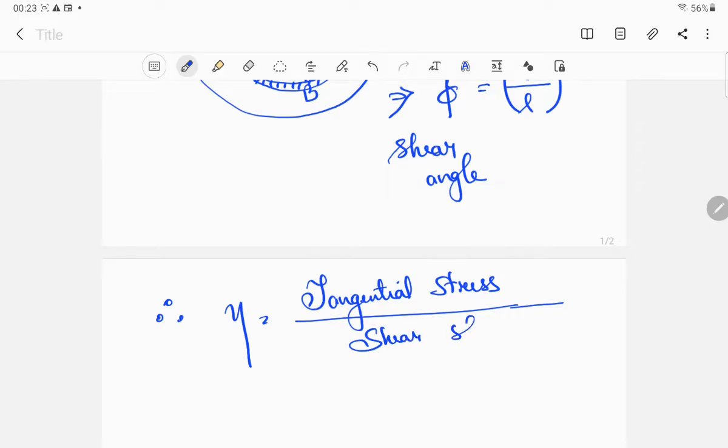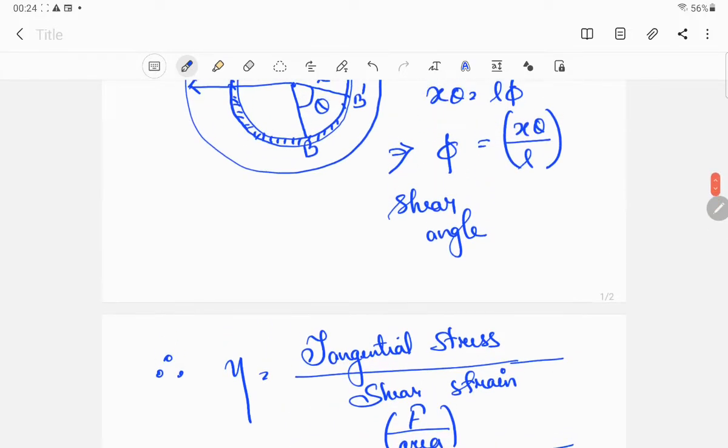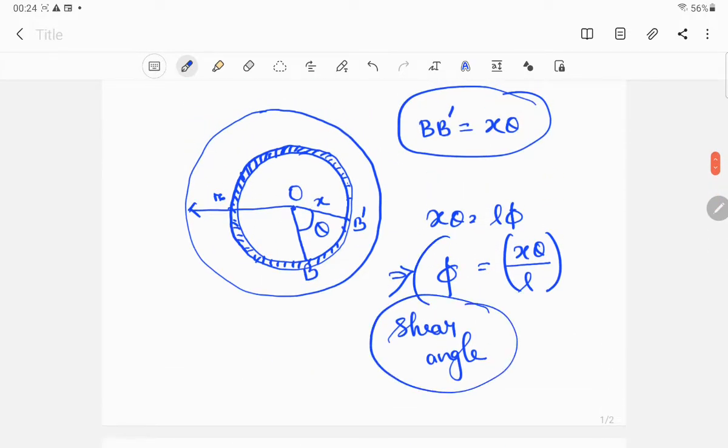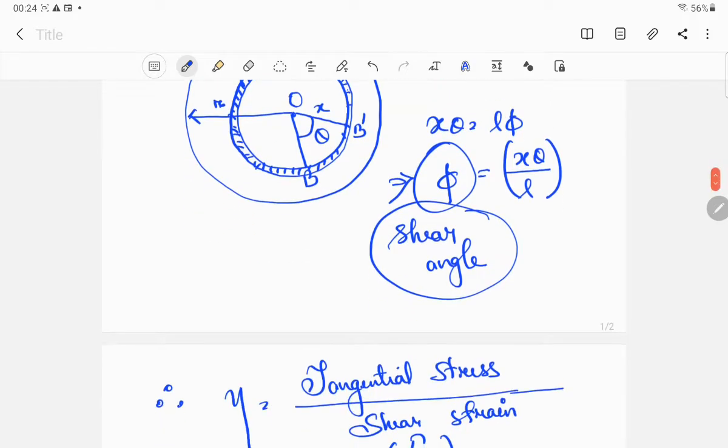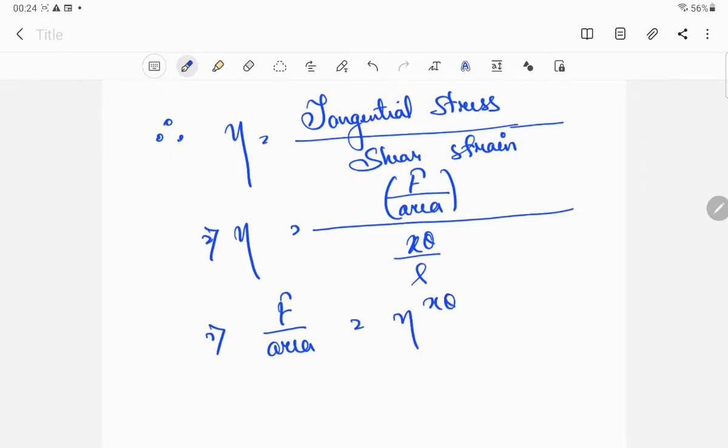Tangential stress is force applied divided by area, and shear strain is the shear angle phi, equal to x theta by L. So we get F by area equals eta into x theta by L. Let this be equation number 1.